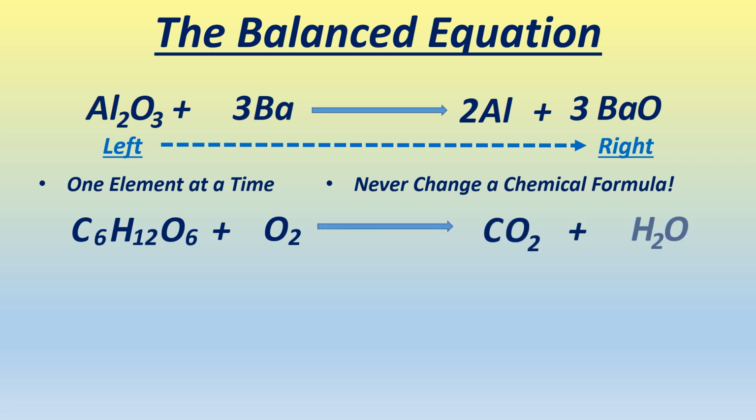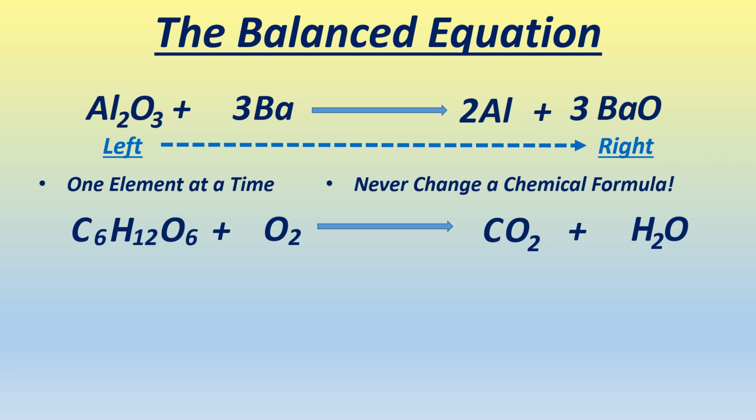Moving on to a more complicated reaction. C6H12O6 will react with oxygen to give CO2 and water. This is the basic chemistry of metabolism, as everything is turned into sugar as food, and burned with oxygen to give energy.